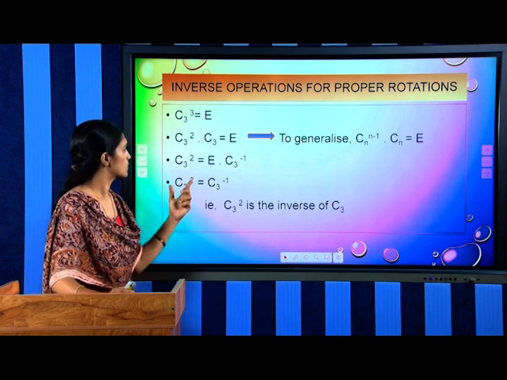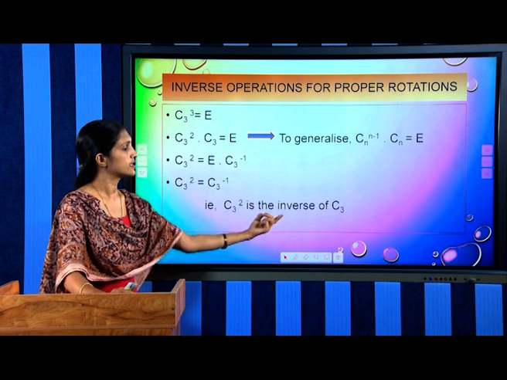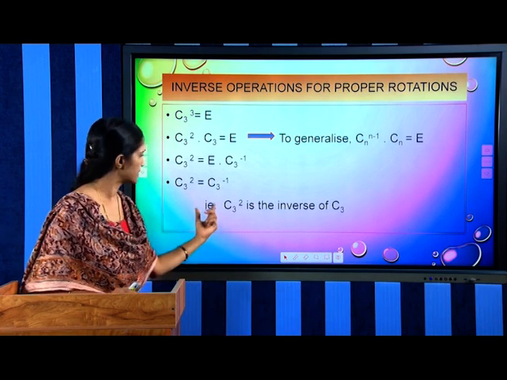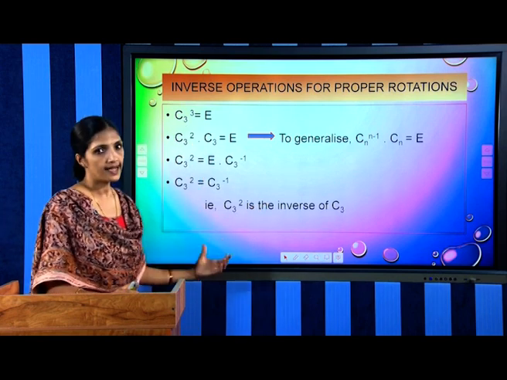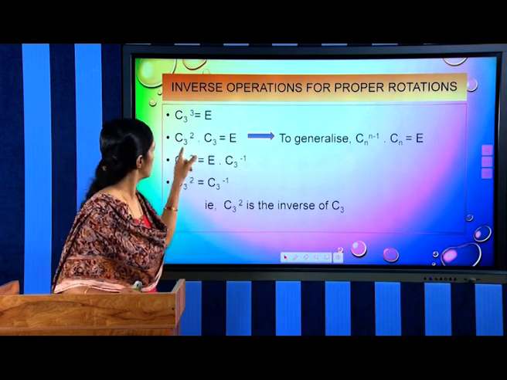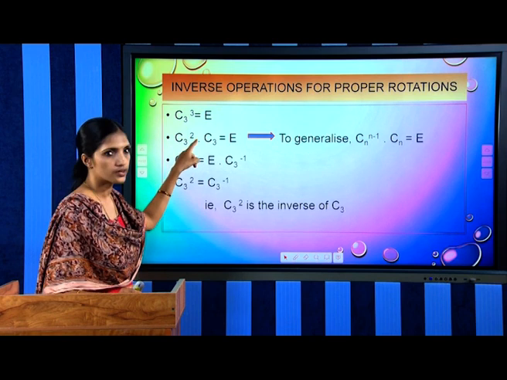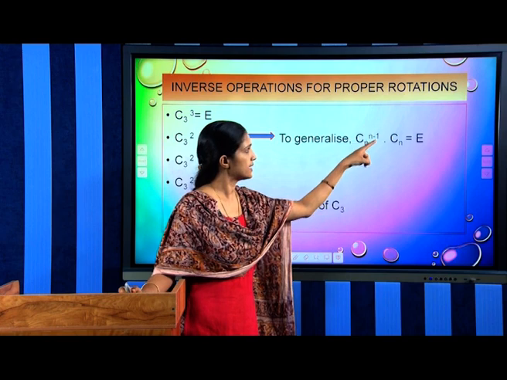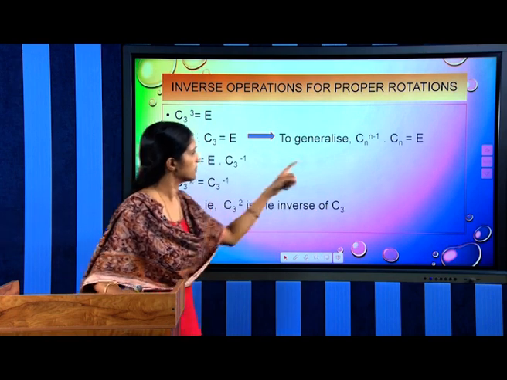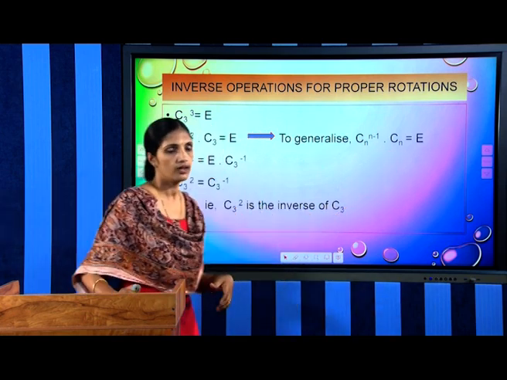So C3 square is equal to C3 power minus 1. So C3 square is the inverse of C3, or otherwise C3 is the inverse of C3 square, right? To generalize this, in the place of 3 we can write n. So Cn power n minus 1 into Cn is equal to E. So this is the generalized equation for this.